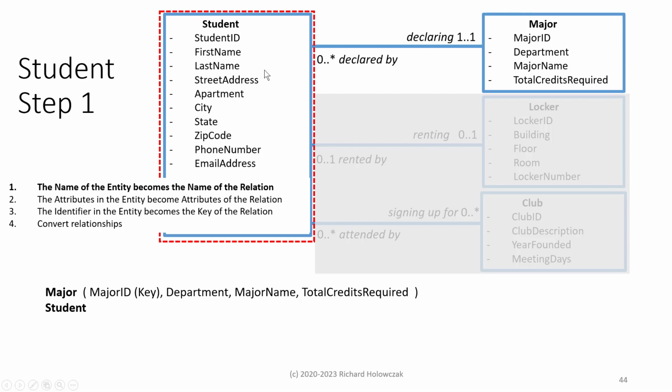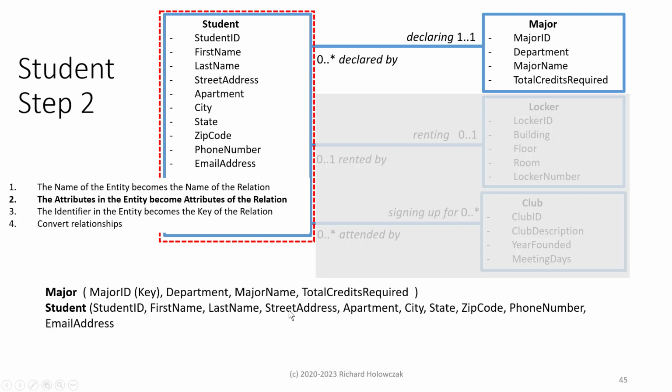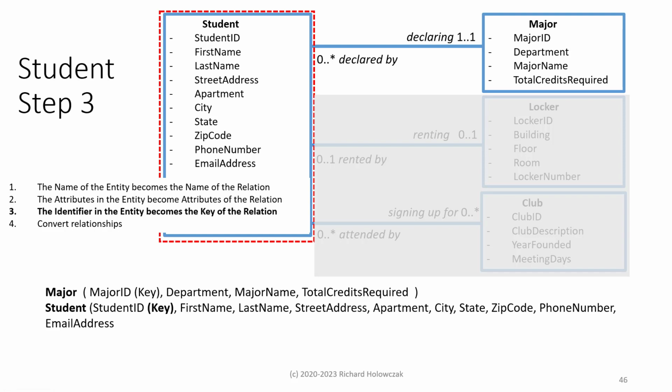Now we can move on to student. The name of the entity becomes the name of the relation. We copy in all of the attributes. Don't worry if it goes on to another line, that's perfectly fine. The identifier of the entity becomes the key of the relation. So student ID is the identifier, it becomes the key for the student relation.